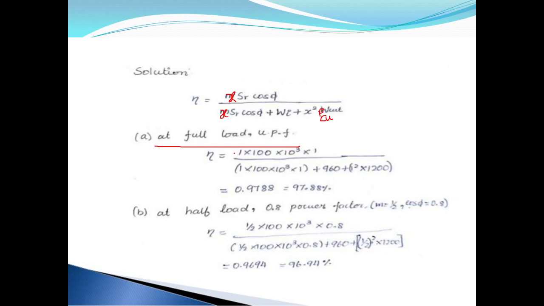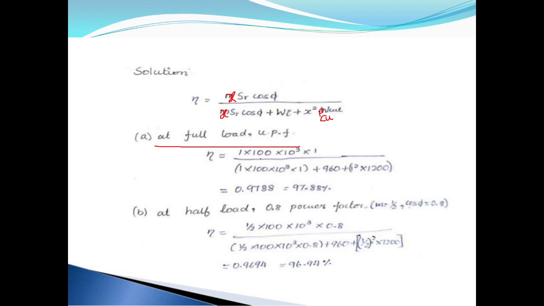So I'm substituting. At full load condition, x is equal to 1 into the rating of the machine, that is 100 kVA. It is given in kVA, so multiply with 10 power 3, that is voltage into ampere rating, into power factor 1, cos phi is equal to 1.